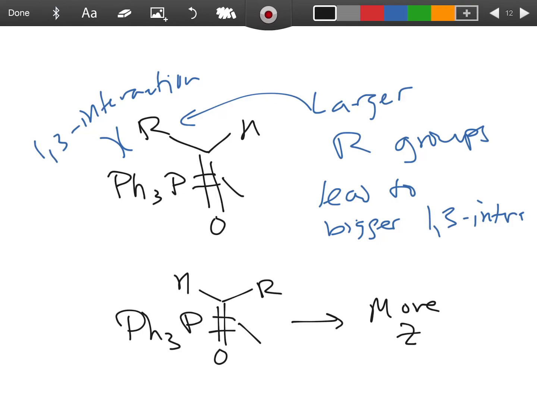So on here, I have something like A values. The phenyl group has an A value of 2.7 kcal per mole, and an ethyl group has an A value of 1.8 kcal per mole. This is a rough estimate of size that is used, and it's basically based on cyclohexanes.